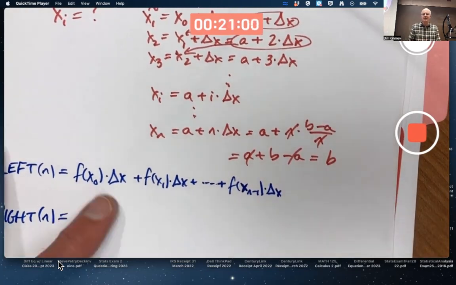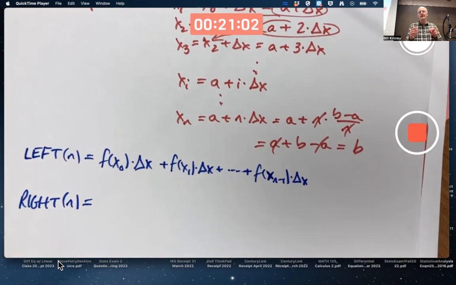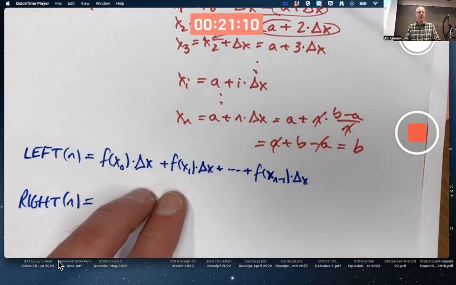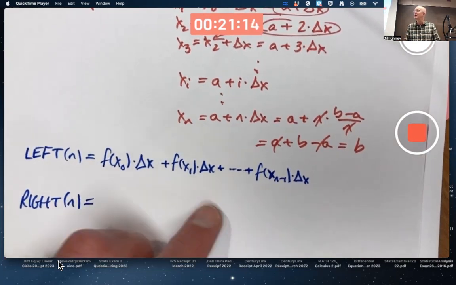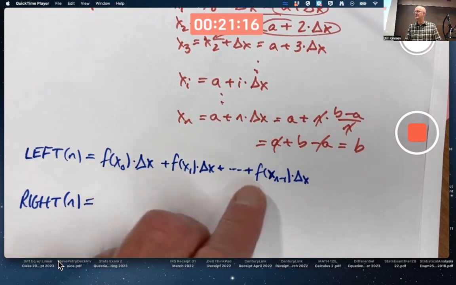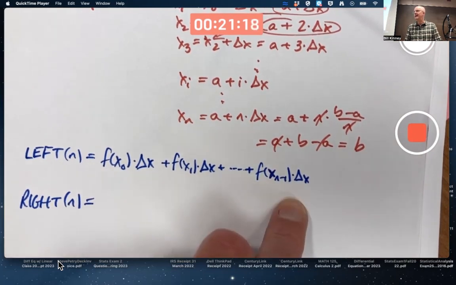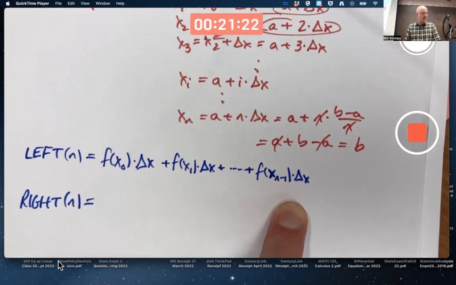All those delta x's are the same, so the delta x could be factored out. And when I do a numerical example, I will factor it out. But I think it's worth keeping here for two reasons in each term, to emphasize that each one of these terms that are being added is an area, a height times a base, area of a rectangle, and you're adding those all up.